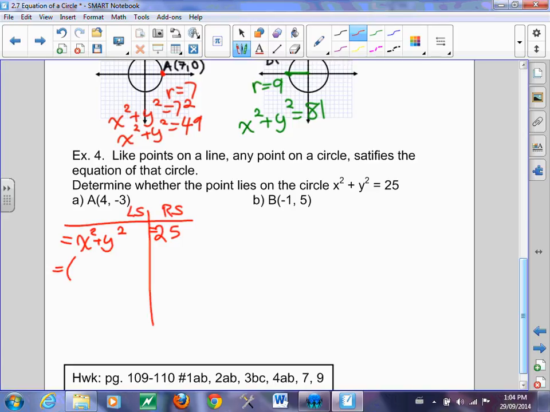Subbing in our values, it's going to be 4 squared plus negative 3 in brackets squared. 4 squared is 16 plus 9, which equals 25. So since left side equals right side, therefore, point A is on the circle.